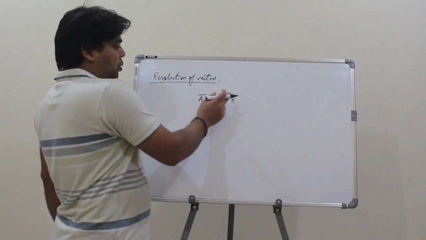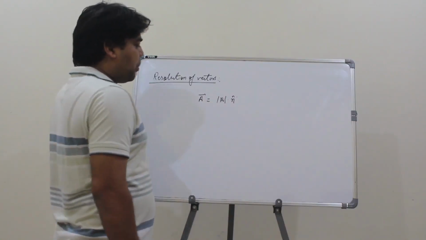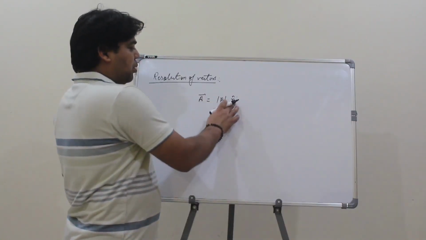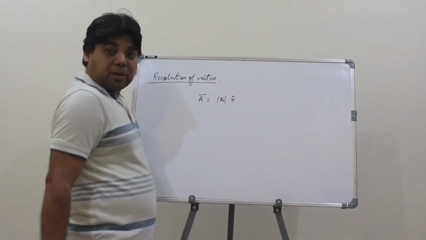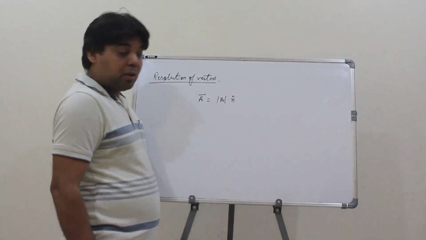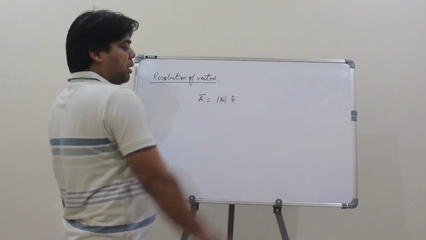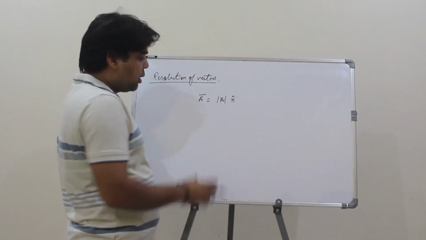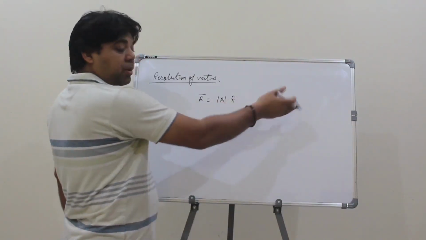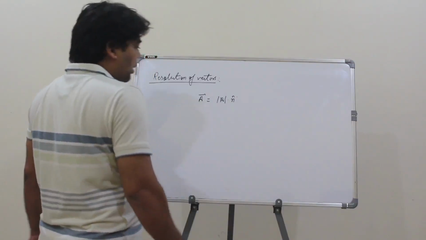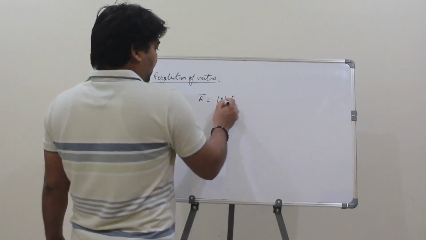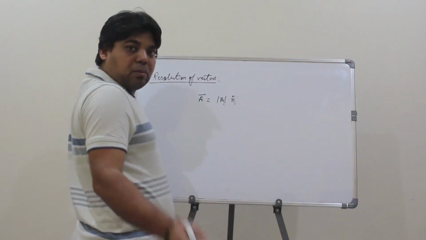So if you want to represent a vector along a particular direction, you will be writing it in terms of unit vectors, right? Where n can be n1, n2, n3 like that, and where the mods are a1, a2, a3 like that, right? So you can write it as a_i n_i like that.